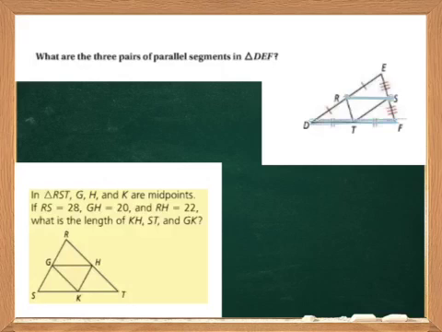Then we have segment RT. Well, R is on side DE, T is on side DF, so it must be parallel to that third side there, EF. So we have, so far, that line segment RS is parallel to line segment DF, and that line segment RT is parallel to line segment EF.